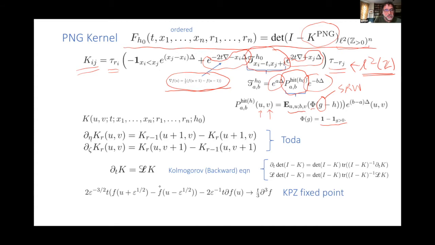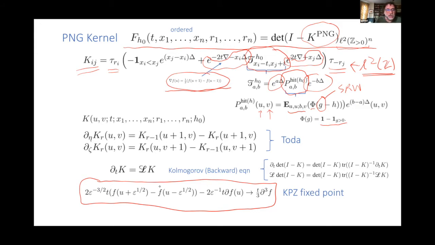Well, what happens is that under the KPZ scaling it actually goes to the d cubed operator, the area operator. And so if you just replace upstairs the grads by d cubes and the Laplacians by Laplacians and the hit by a Brownian motion, this is the formula for the KPZ fixed point. So you see PNG is really the exact discrete version of the KPZ fixed point.